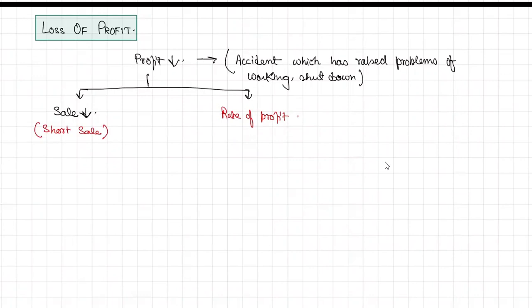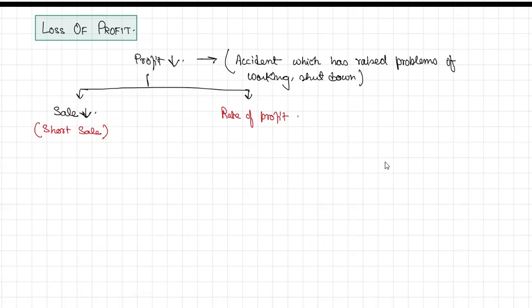That means for that period, your sales has been shorted. That means less amount of sale has been done, thereby reducing your profit. And whenever we talk about insurance claim loss of profit, we talk about that this profit can also be insured. Okay, now when this profit will be insured, how much claim you'll get? We are going to read about that.